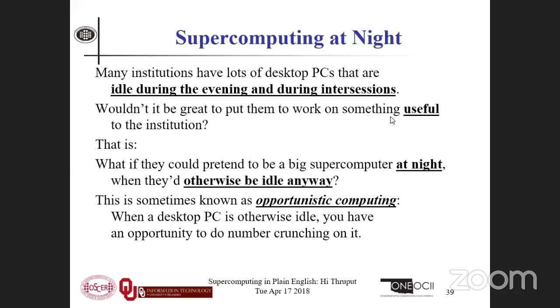So if you think about, for example, a PC lab, and there are several of those here on campus, and I think most academic institutions have labs all over campus with PCs in them. And our PC labs here at OU, I think most of them are open 24/7, 365, right? If you want to go in at 3 in the morning on Christmas Eve, nobody will stop you. You've got to have swipe access to the various labs.